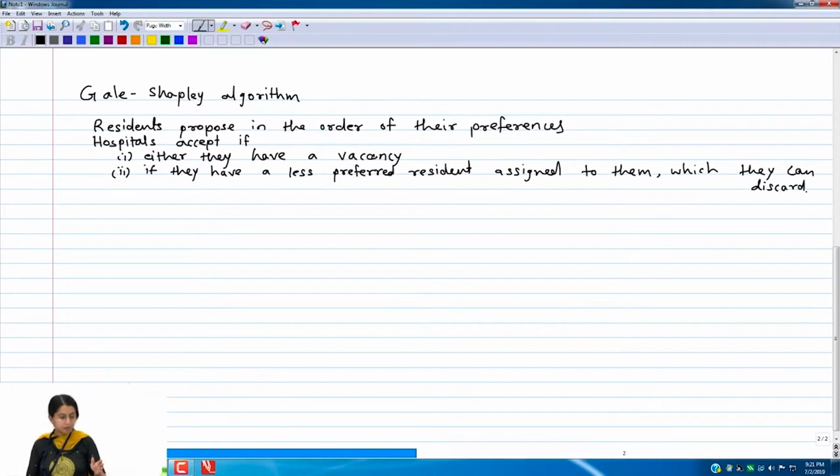Again, just like the one-to-one case where the order of proposals did not matter, whichever order men proposed, finally a man-optimal stable matching came. Even here the same thing happens. Whichever order residents propose, finally the same stable matching is obtained, and that stable matching is the best stable matching for each individual resident. Each resident gets his best stable partner if this resident-proposing algorithm is executed.